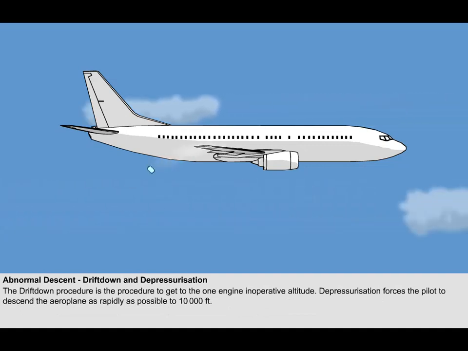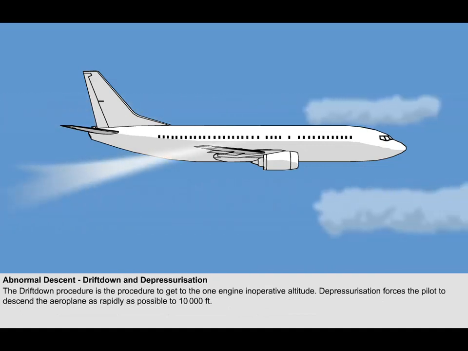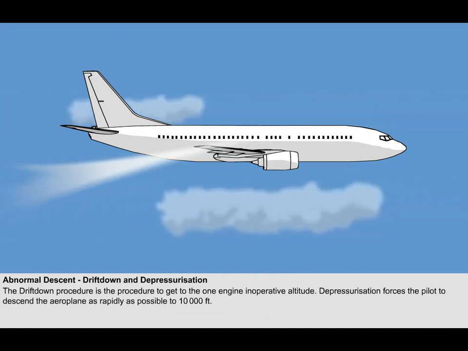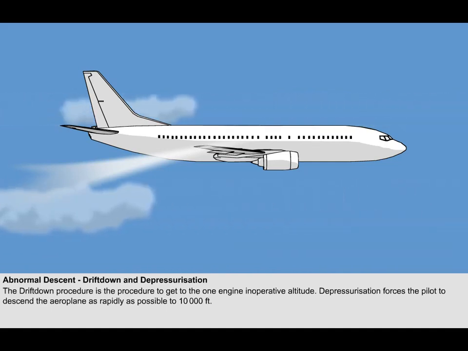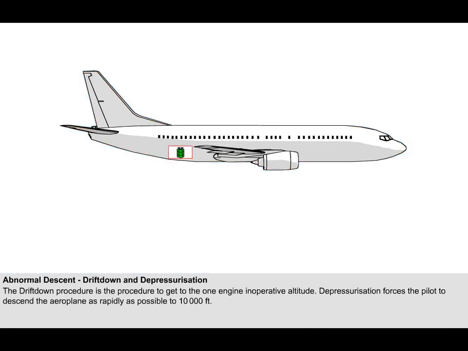With a pressurization failure, the procedure is a little different. At high altitude, following depressurization, the air in the cabin escapes, and very quickly the cabin air becomes the same air as outside. At high altitude, the problem is that there is very little oxygen to breathe.